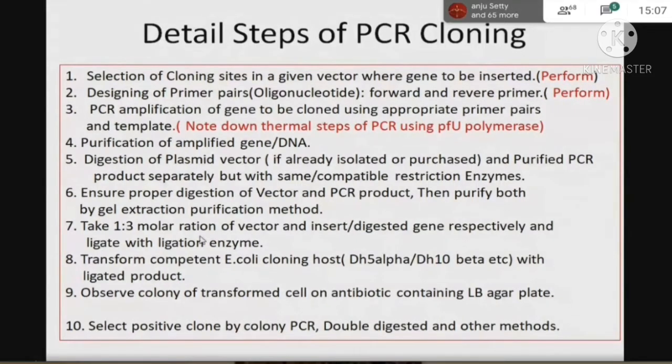So we add this ligation product into competent E. coli cells and follow the transformation protocol, which is a 2-hour protocol.